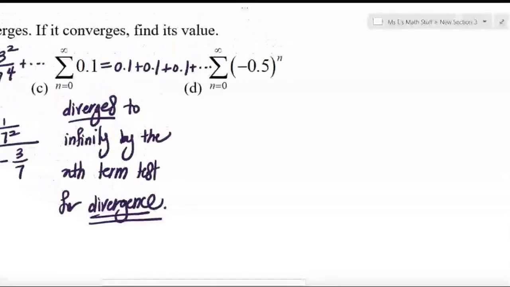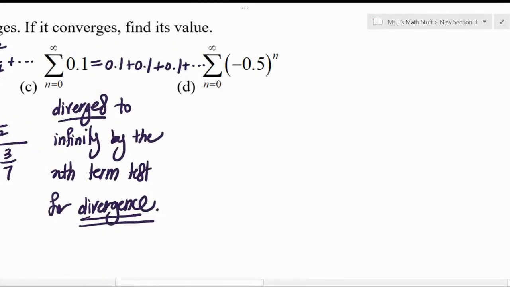Okay, part D here. If you start expanding it out, you get negative 0.5 plus negative 0.5 squared plus negative 0.5 cubed, like so.